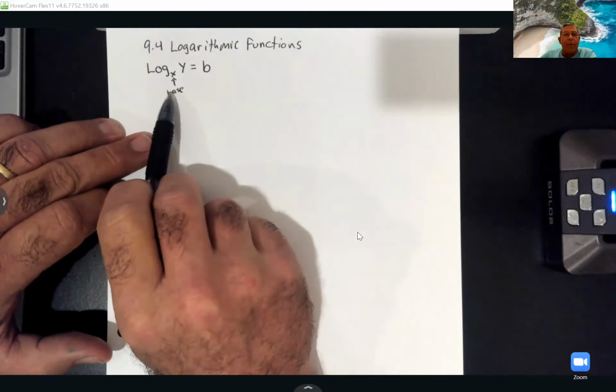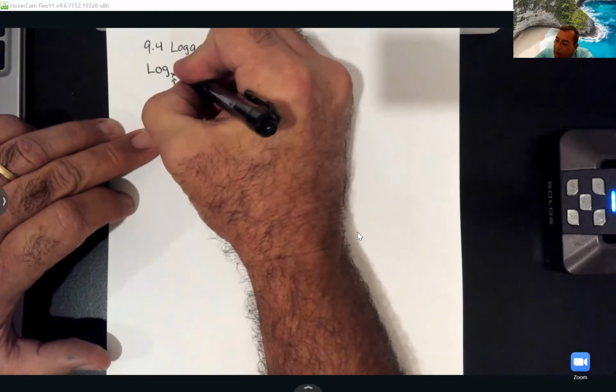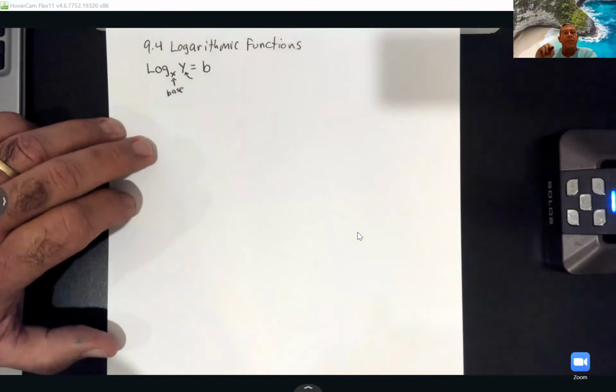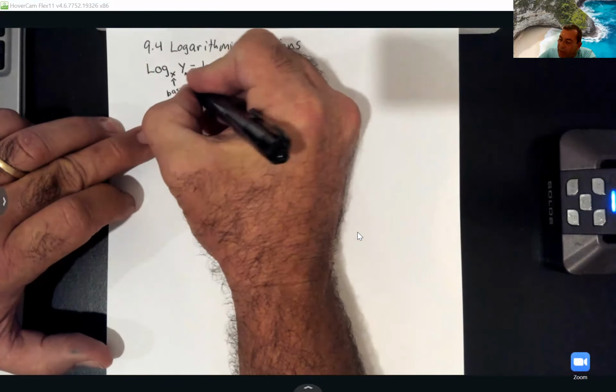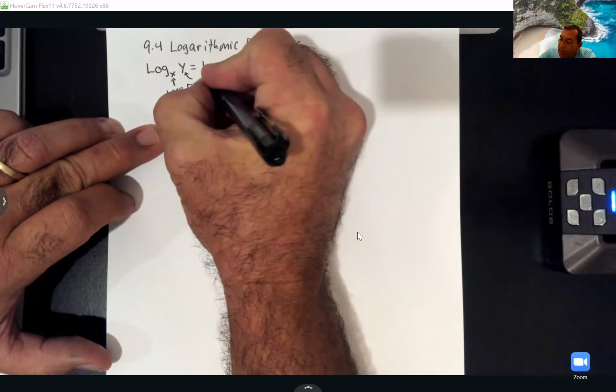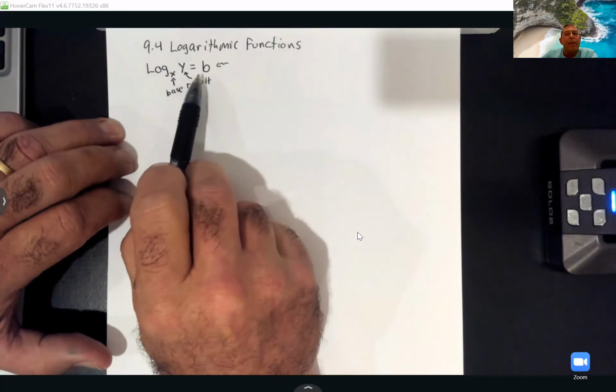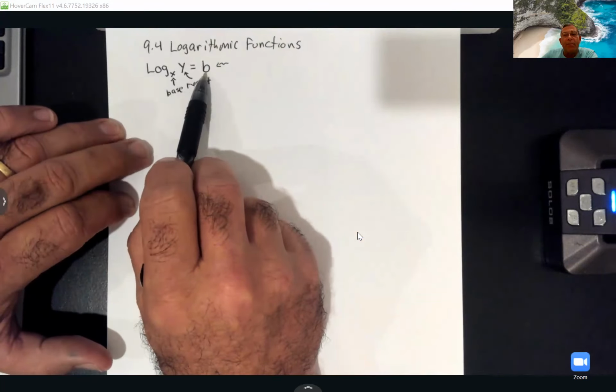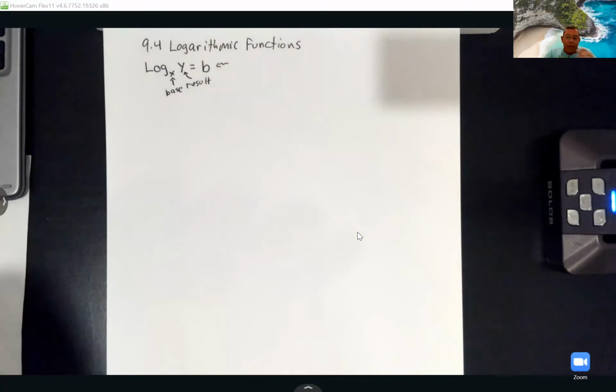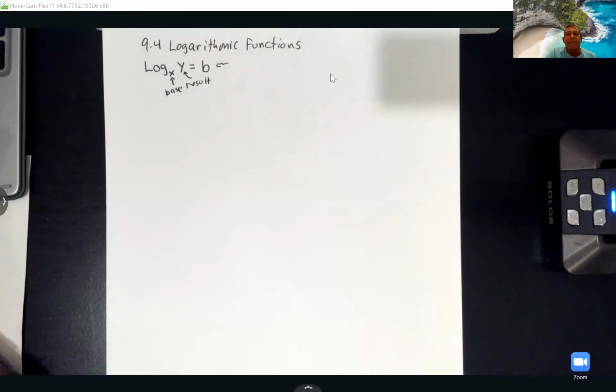All right, so that's the base. Y is the result. And B is the exponent. So these logarithms, they basically find exponents.